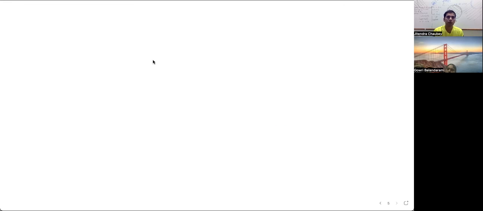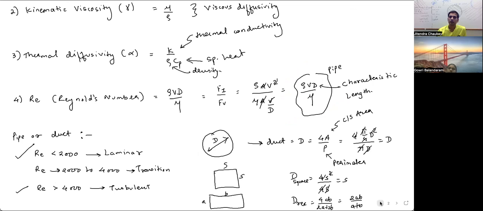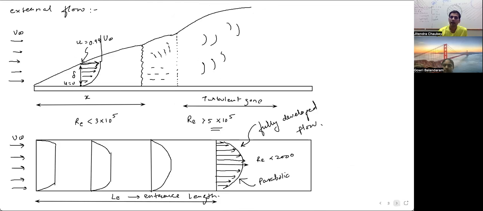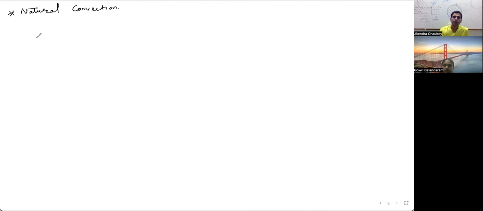Okay. So when we talk about natural convection, there are two or three changes. The first is the characteristic length, this changes.